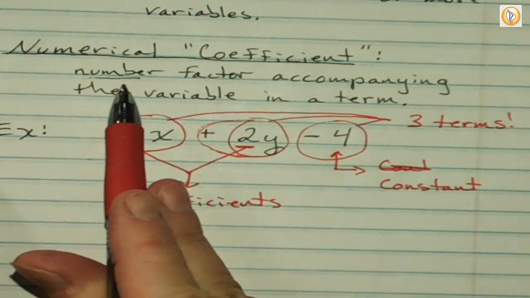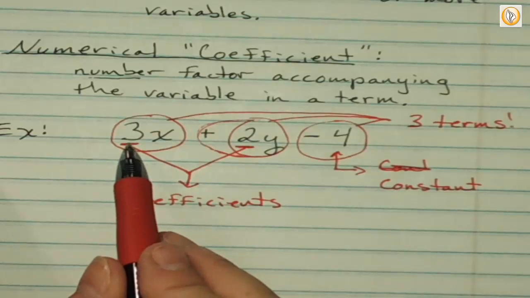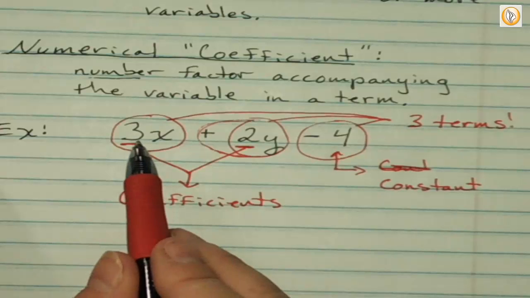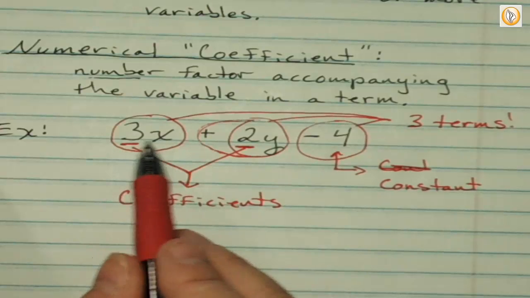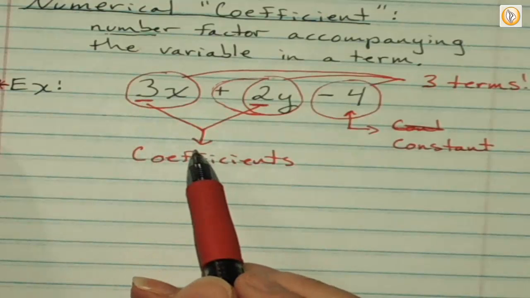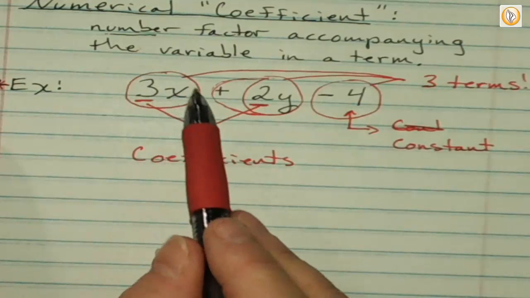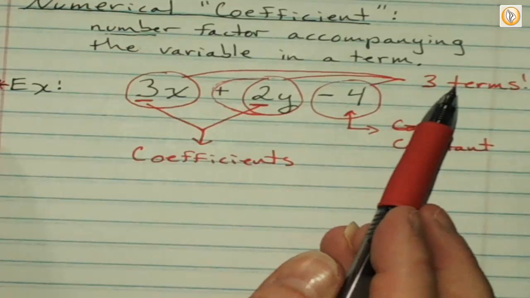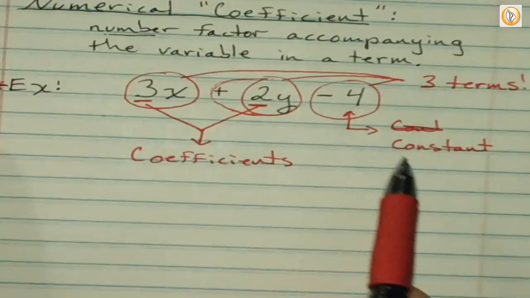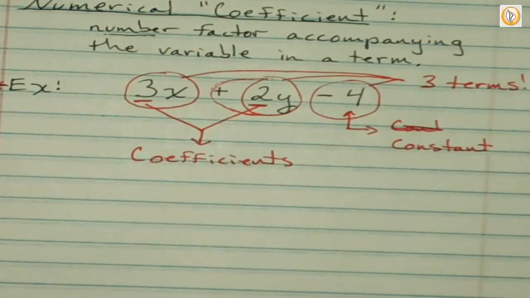I don't know why they don't say a constant, but anyway, it's a number that is accompanying a variable in a term. So this 3 is your coefficient. The 3x is a term. This negative 4 all by itself is your constant.